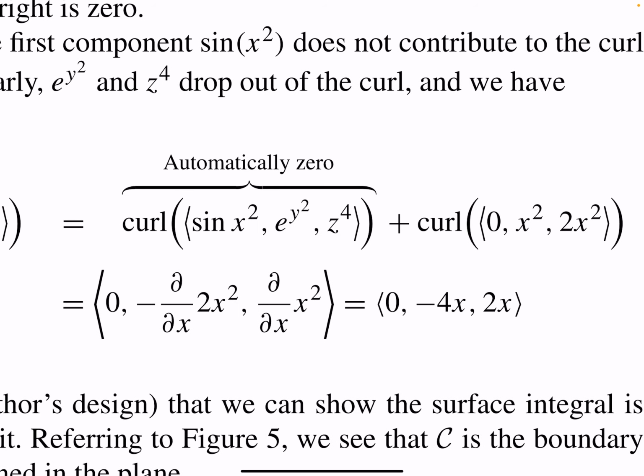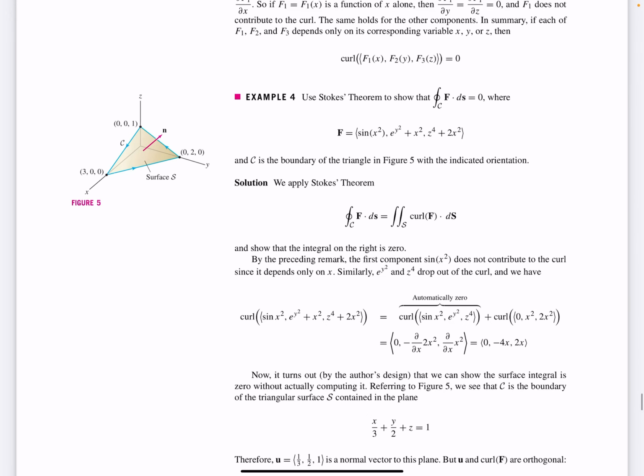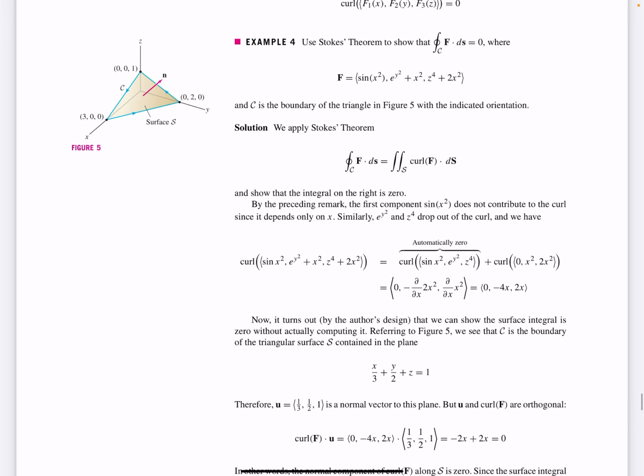And so the curl comes out to be 0, negative 4x, and negative 2x, and it says that's by the author's design. We can see that the surface integral is 0 without even computing it, because the normal vector for that plane, they just steal it in this case, and the curl are orthogonal.